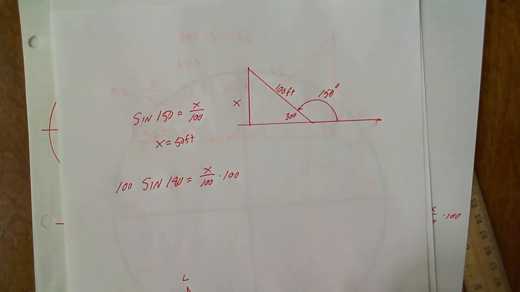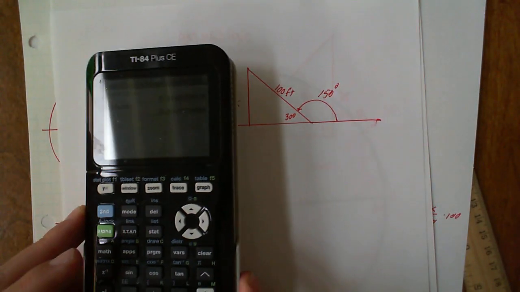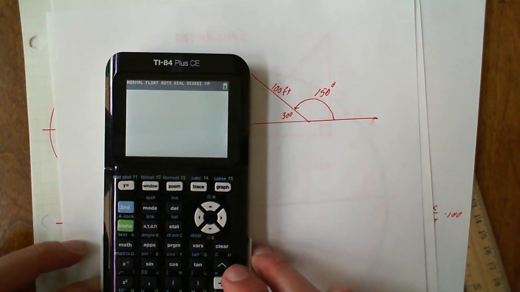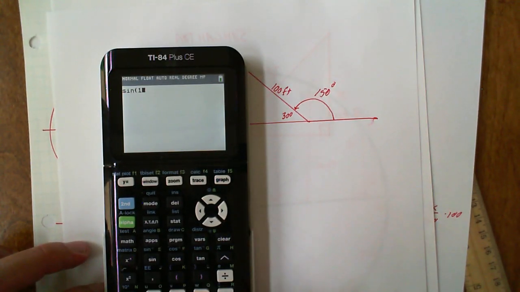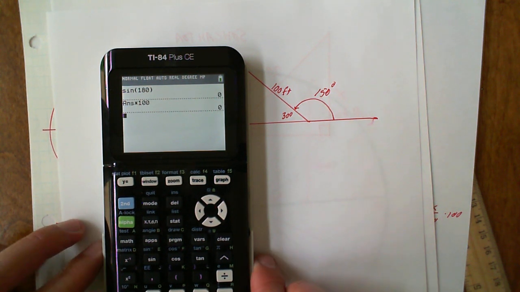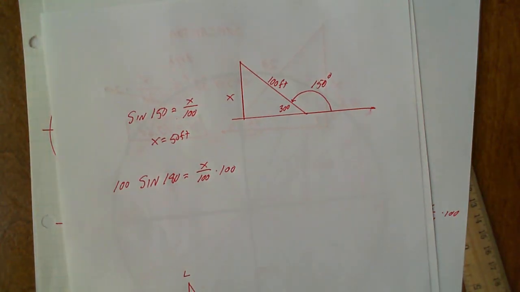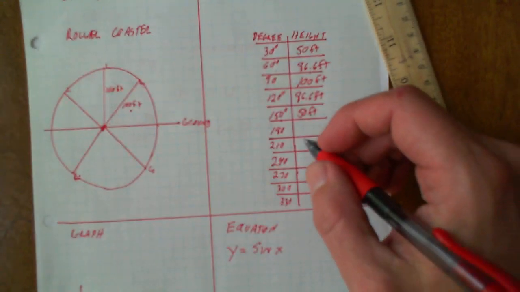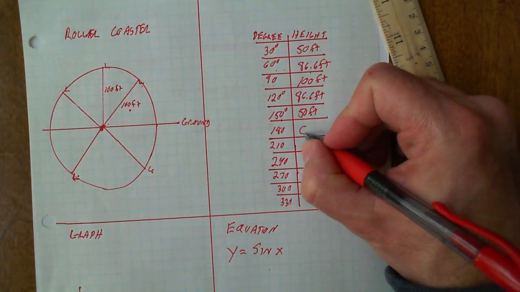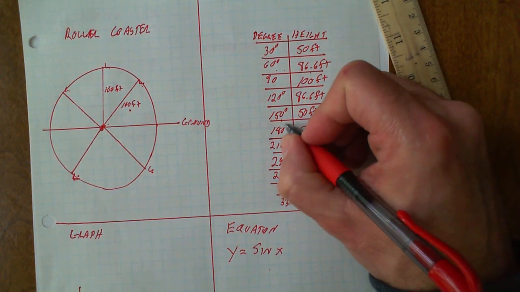But what is sine 180? You should see what the height is, but let's calculate. Sine 180 is equal to 0, times 100 is 0. So at 180 degrees, he is 0 feet.